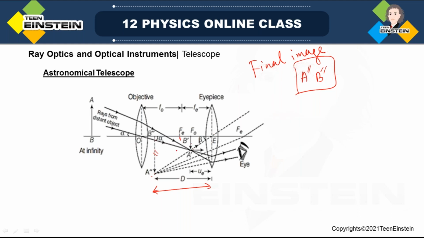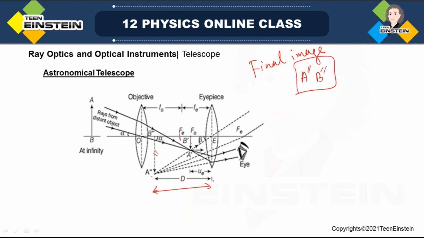A highly magnified image A double prime B double prime is created on the same side, and an erect image is produced.